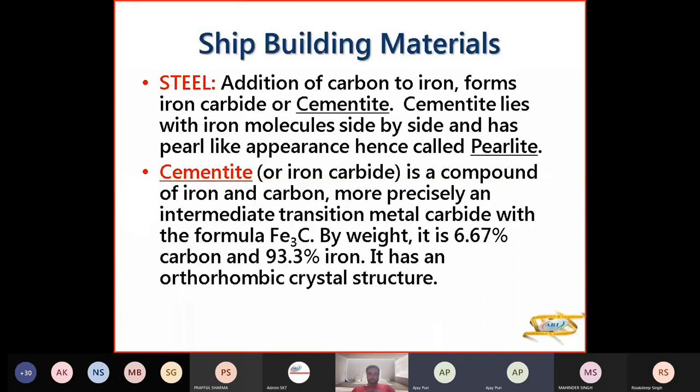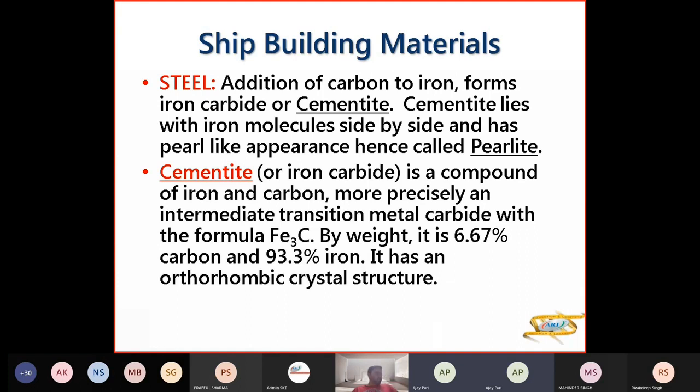Now, in a steel, you have carbon added to iron, so that forms iron carbide or cementite, and your cementite lies with the iron molecule side by side. When the cementite has got a pearl-like appearance, it is known as pearlite. So iron carbide or cementite is a compound of iron and carbon.